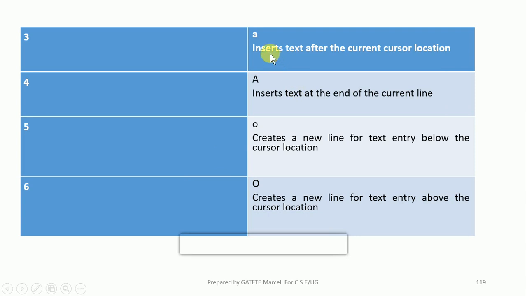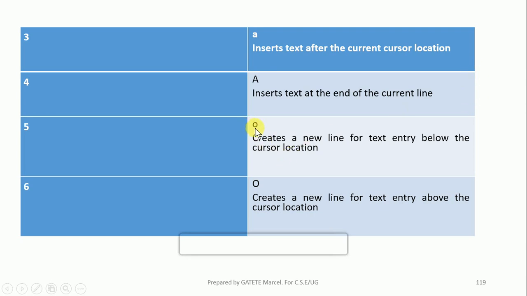If I press A, it will insert the text after the cursor location. If I press uppercase A, it will insert the text at the end of the current line.